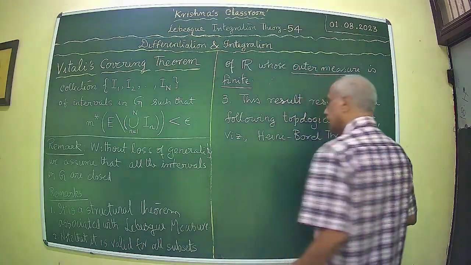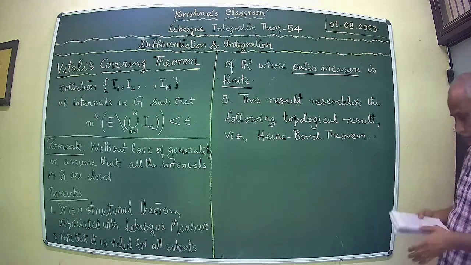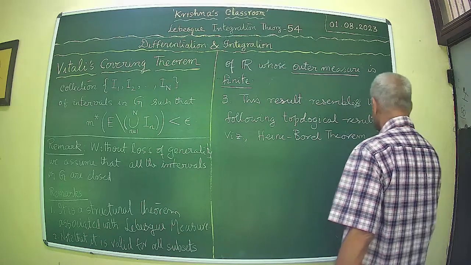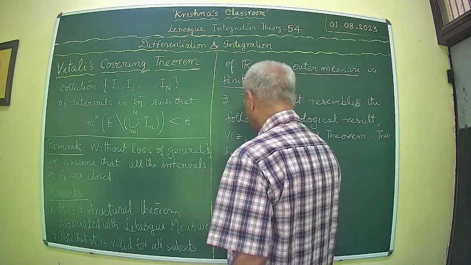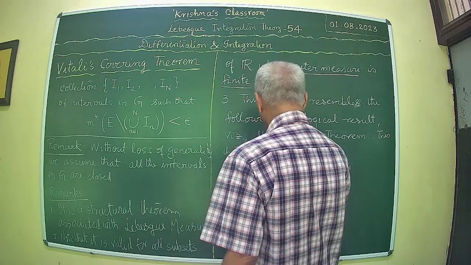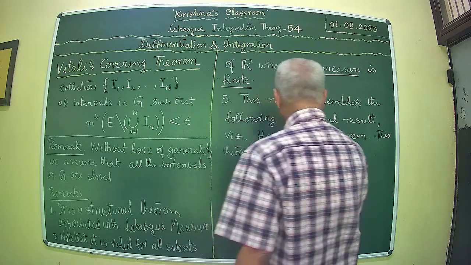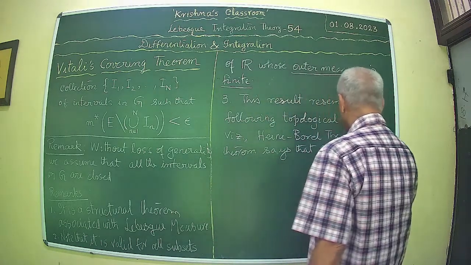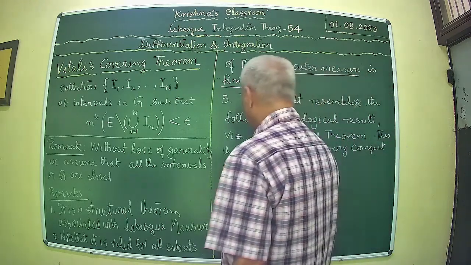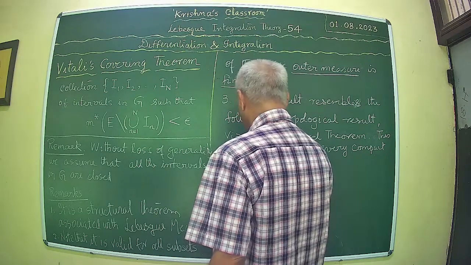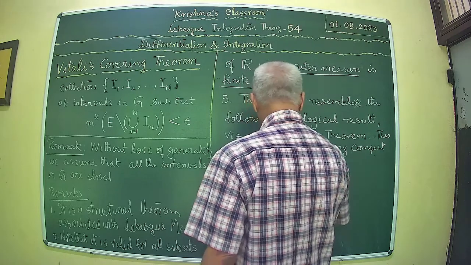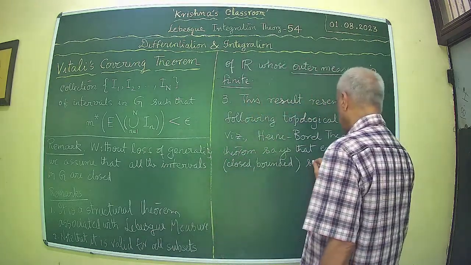Let us briefly recall what this theorem is all about. This theorem says that every closed bounded subset of R is compact.